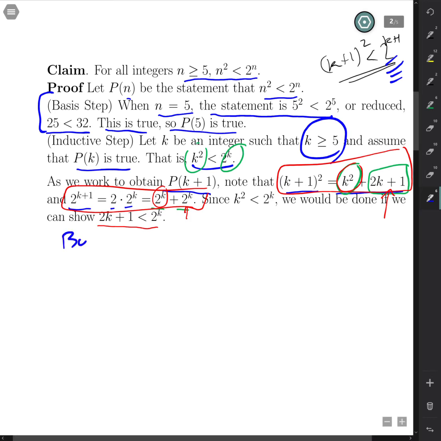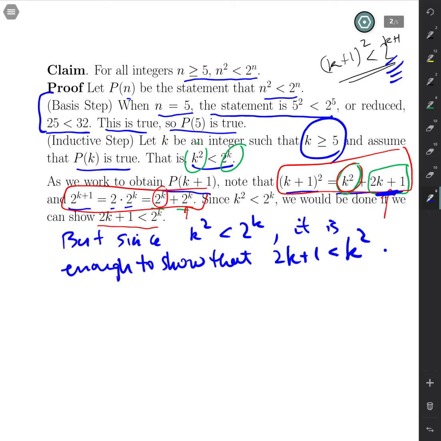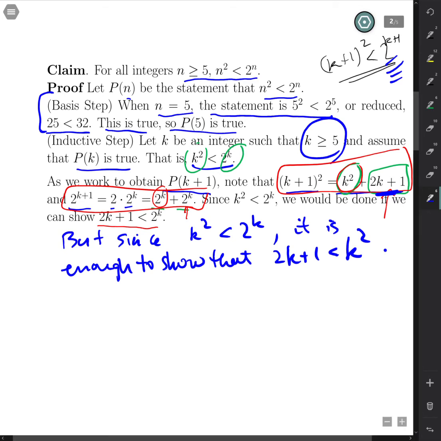Since k squared is less than 2 to the k, it is enough to show that 2k plus 1, that extra chunk that we have here, is less than k squared. There are various strategies, and one way to do this is to subtract.